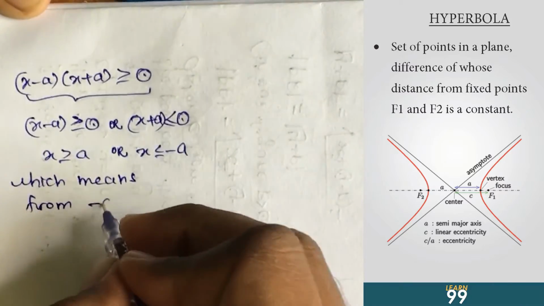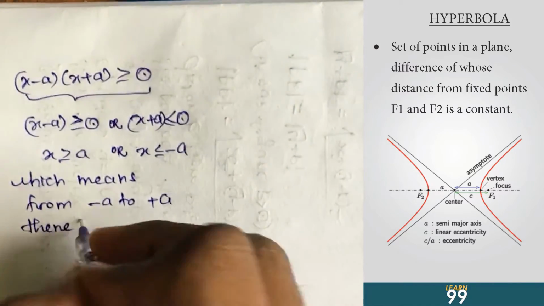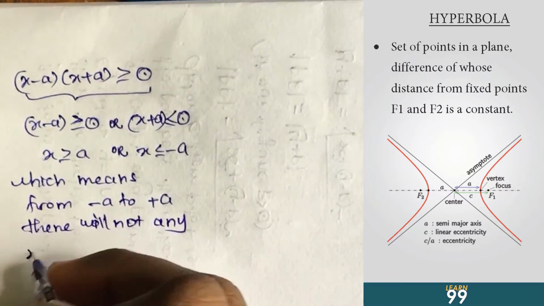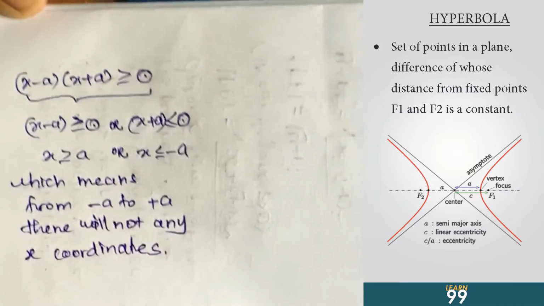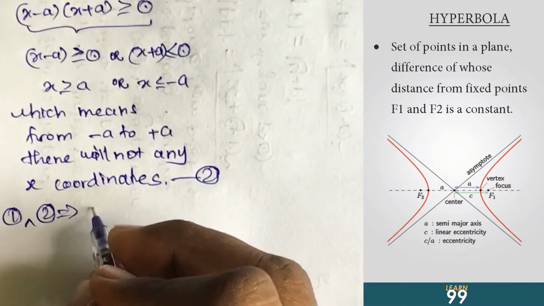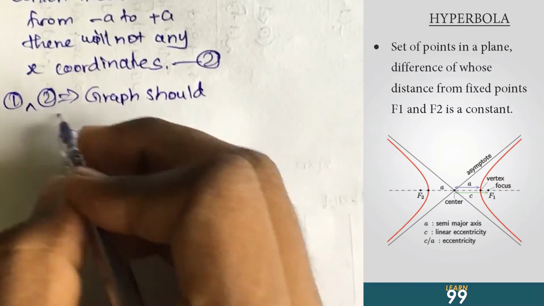And finally we can conclude by taking 1 and 2 that there are no such coordinates in our graph between a and minus a. So our graph should have two branches.